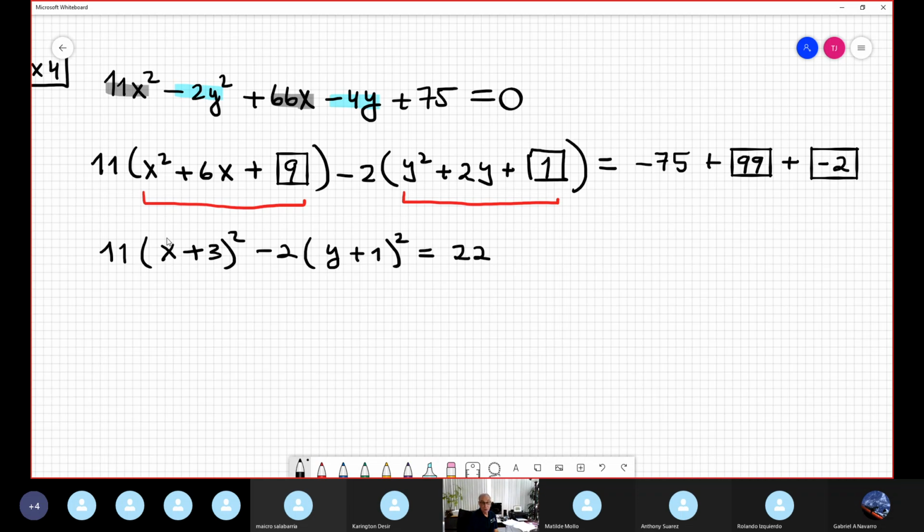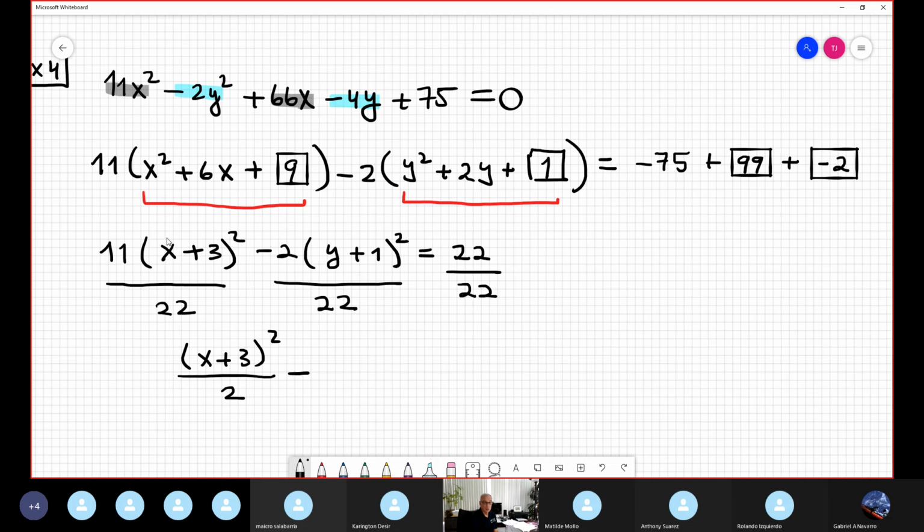Remember the standard form, I need 1 here. So you divide by 22. 22 divided by 11 is 2, and 22 divided by 2 is 11.